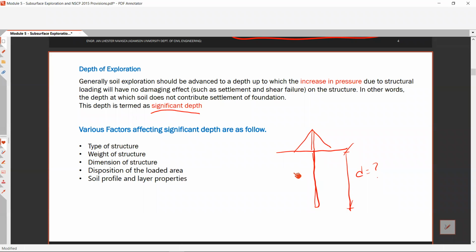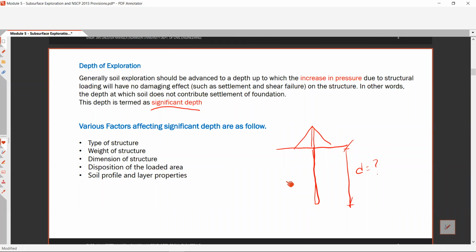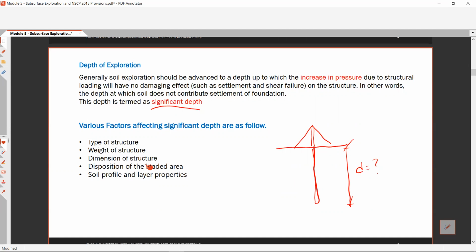Then we also have various factors affecting the significant depth, as follows. Number one, the type of structure. Of course, let's say you have a 3-floor basement and your significant depth is, let's say, 6 meters.